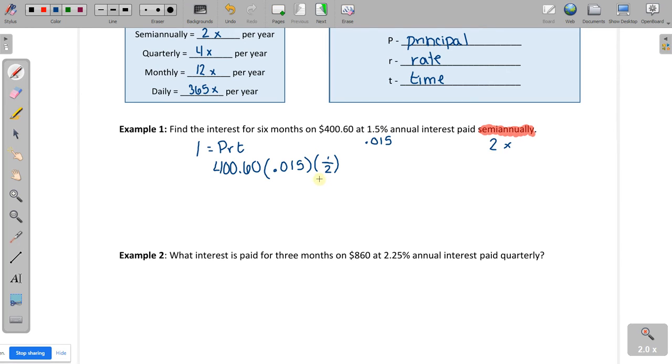Now, we need to calculate this. So we are going to take 0.015 times 1/2. When we do that, we get 0.0075, and we're going to multiply that by our 400.6.